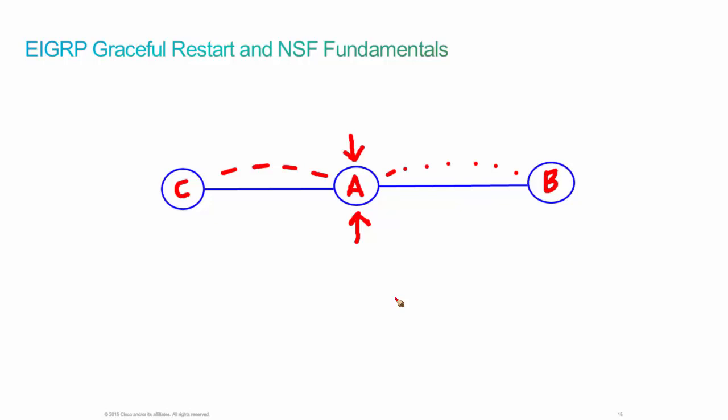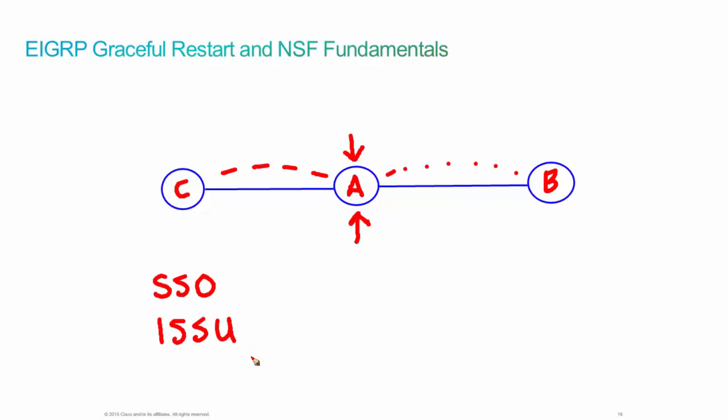Well, the answer is Graceful Restart and Non-Stop Forwarding, or NSF. So essentially, what we have is two different protocols that Graceful Restart utilizes. It'll either utilize SSO, which is Stateful Switchover, or ISSU, which is In-Service Software Upgrade.